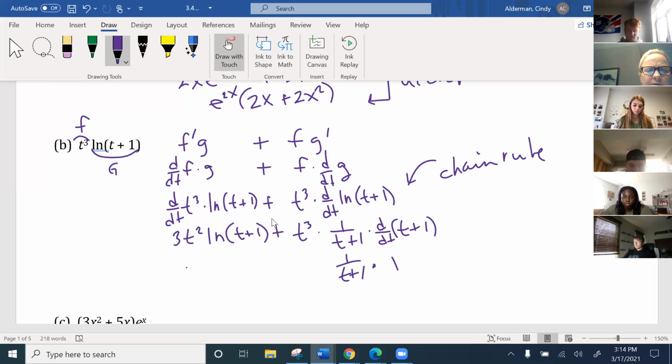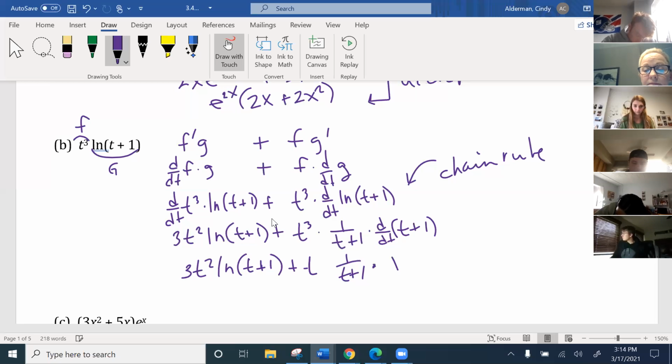Okay, so we'll just get 3t squared. Why in the world did I get 2t? And then, of course, we don't need this plus 1 times 1.